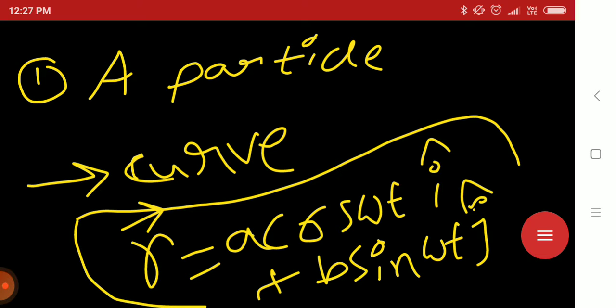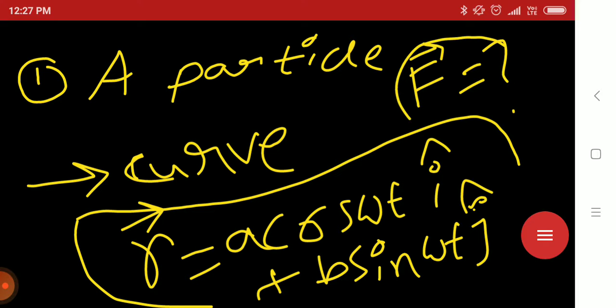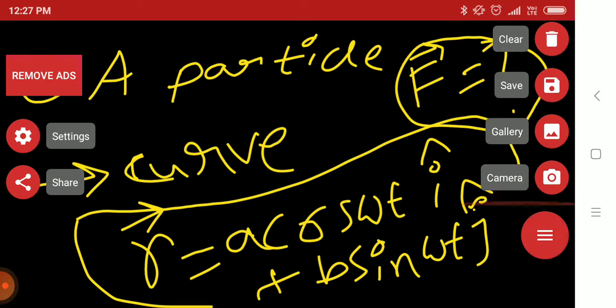Now what to find here? I have to find the force acting on the particle, and I have to comment on what the nature of the force is. So let's discuss the answer.